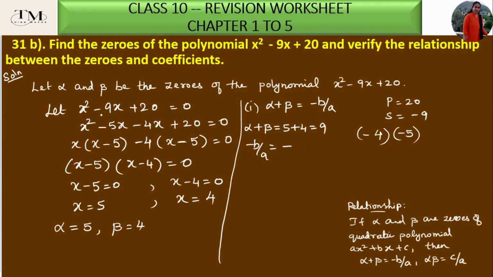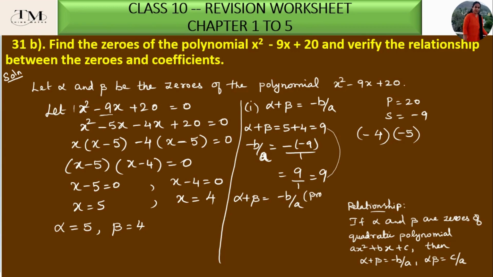So the coefficient of x is minus 9, divided by a. A is the coefficient of x square, which is 1. So minus into minus, it is plus 9. 9 by 1, it is 9. So here we get alpha plus beta is equal to minus b by a.